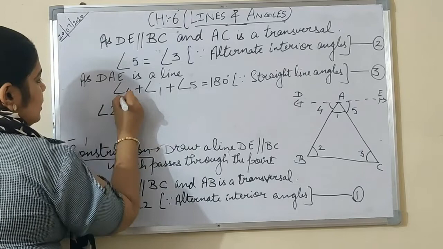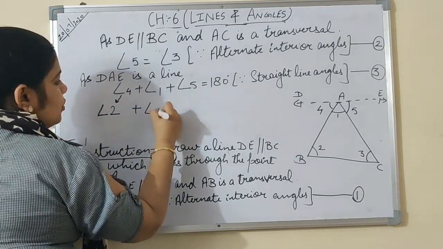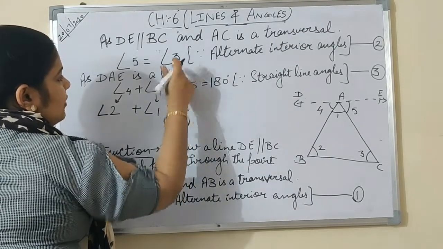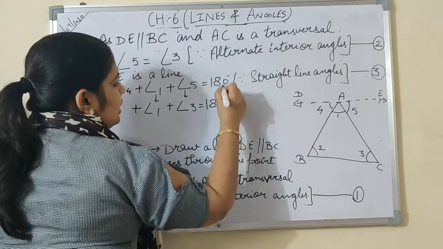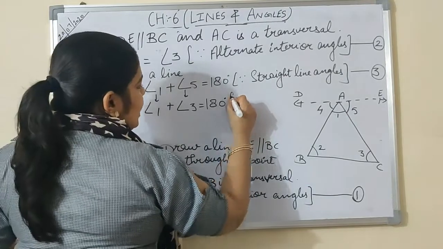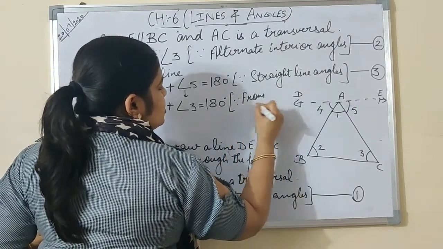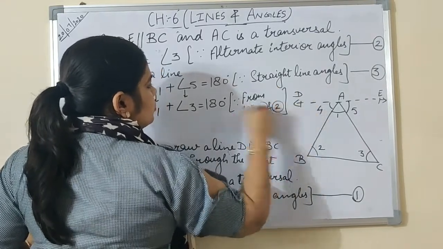I am writing here angle 2 plus angle 1 as it is. Then in place of angle 5, I am writing angle 3. And then copy this 180 degrees as it is. In brackets you can write: from equation number 1 and 2.